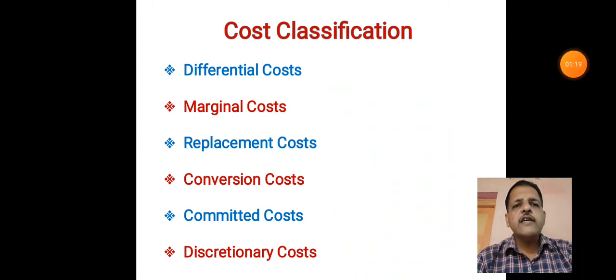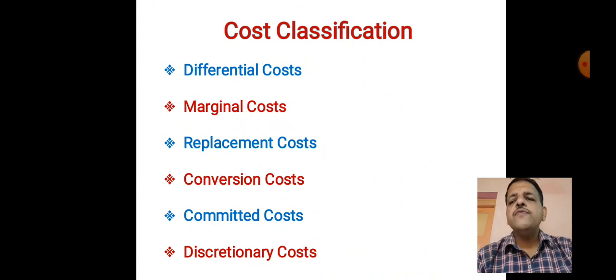Let us see another concept, discretionary costs. These are the costs which can be avoided by managerial decision. For example, advertising cost and research and development cost depend on managerial decision.